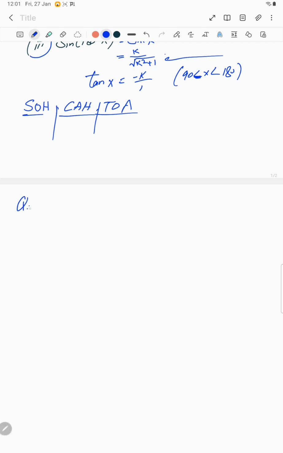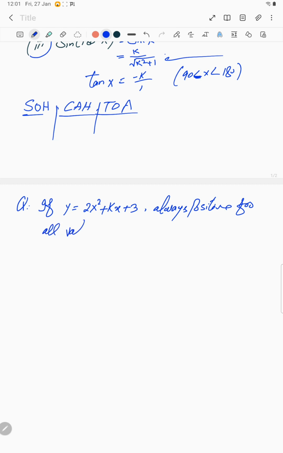Question number 2, that was: if y is equal to 2x square plus kx plus 3, it's given that it is always positive for all values of x, then find the range of k.